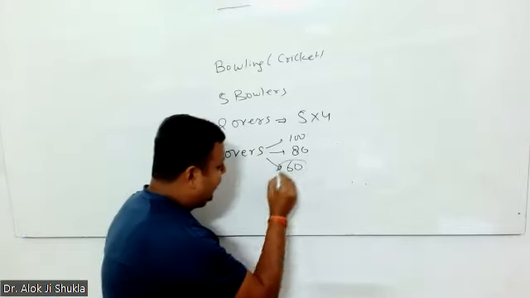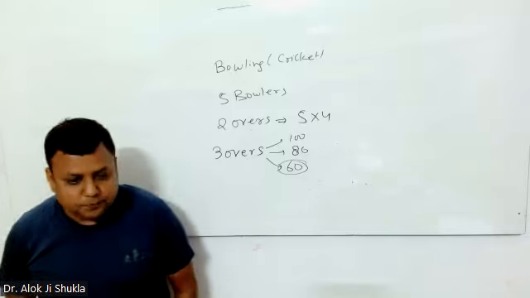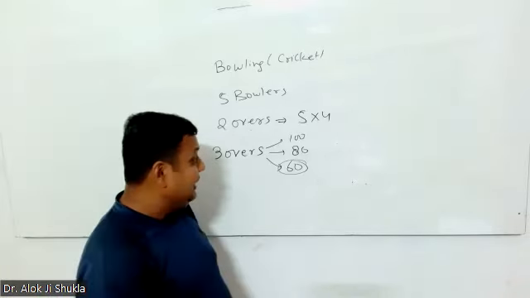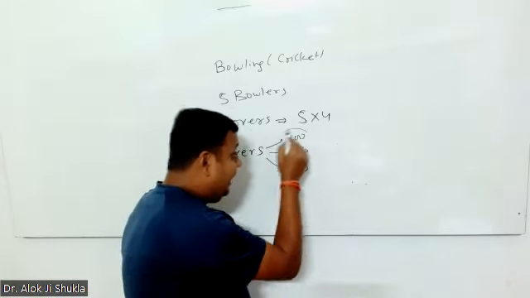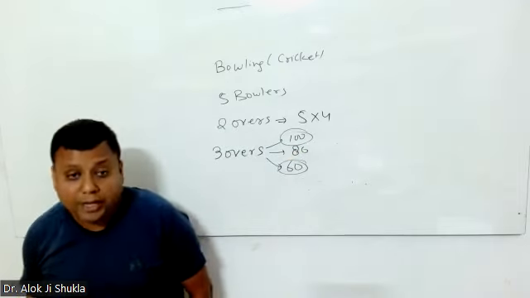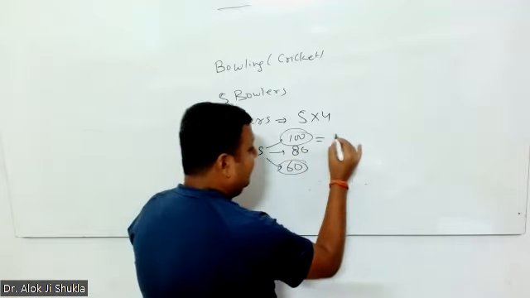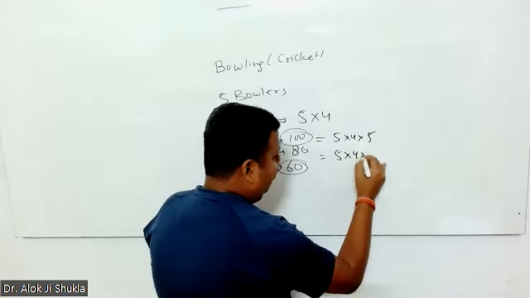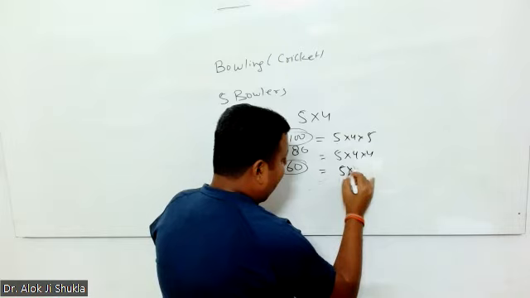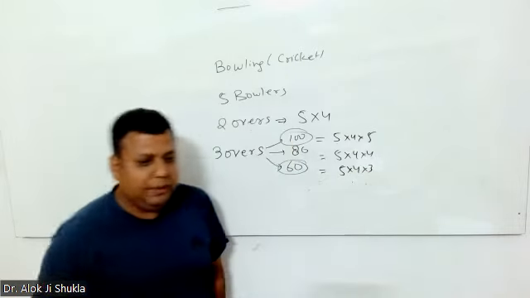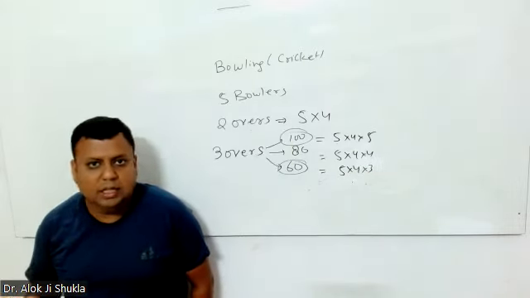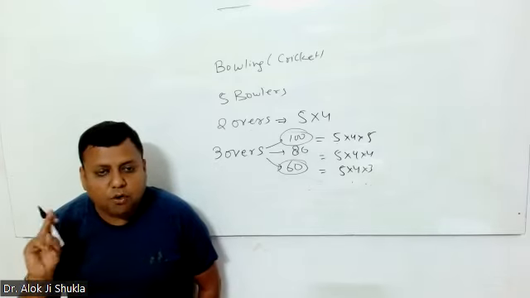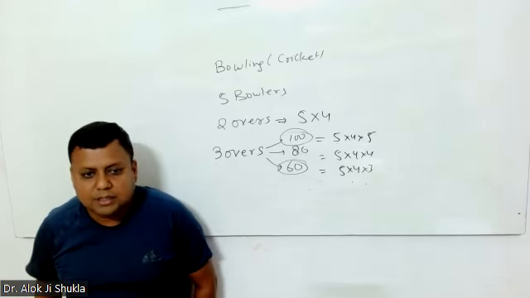And the 60 is very interesting. This 100 is also very interesting. I'll tell you why. This 100 is 5 into 4 into 5, 80 is 5 into 4 into 4, and the 60 is 5 into 4 into 3. So basically, obviously, first over 5 options, second over 4 options. Now for the third over, how many options do we have?